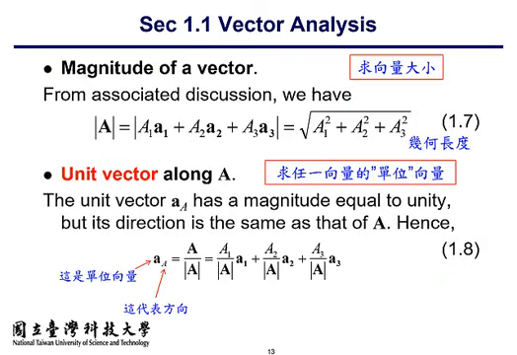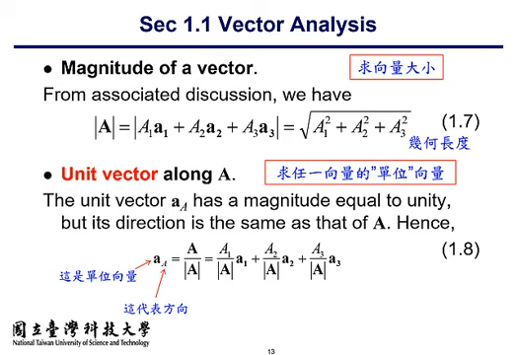Next is the calculation of the magnitude of the vector. As I already pointed out, the magnitude can be found by taking the square root of the square sum of all three projections, like this: A1 squared plus A2 squared plus A3 squared, and taking the square root of that. And equation 1.A shows you how to derive the so-called unit vector.